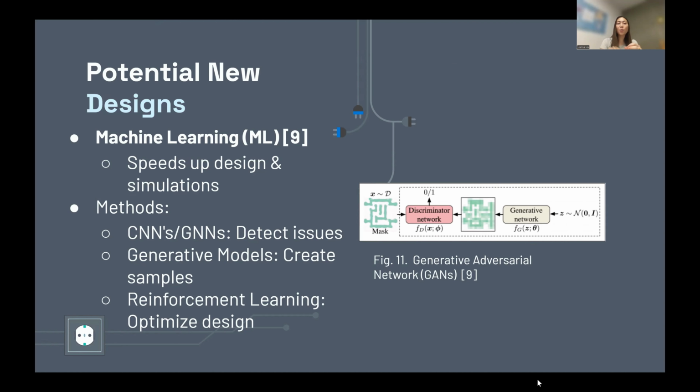Together they work to learn and make very realistic results. And reinforcement learning trains systems to choose the best structures, place components, and size transistors. Overall, machine learning can help engineers produce better designs more efficiently and finish projects faster.